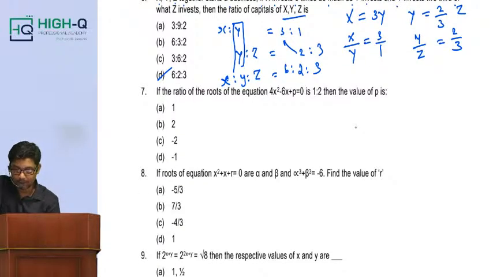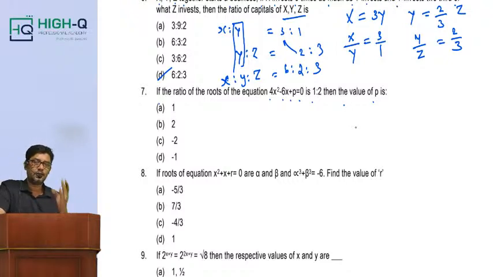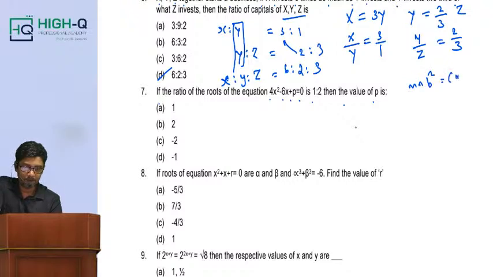Yes, next one. The ratio of the roots of the equation 4x square minus 6x plus p equal to 0 is 1:2. Then find the value of p. I think you know the shortcut. For ax square plus bx plus c equal to 0, the condition when the roots are in the ratio m:n is mn b square equals m plus n the whole square into ac. It's a shortcut, a trick.